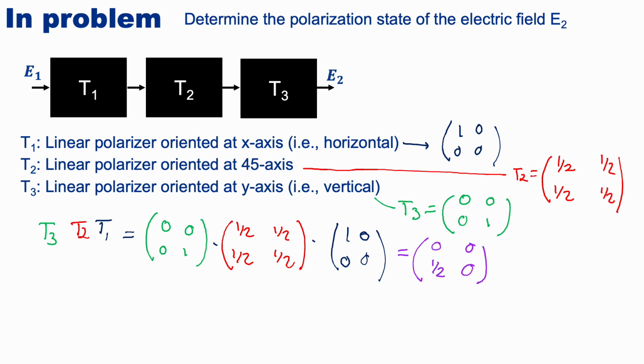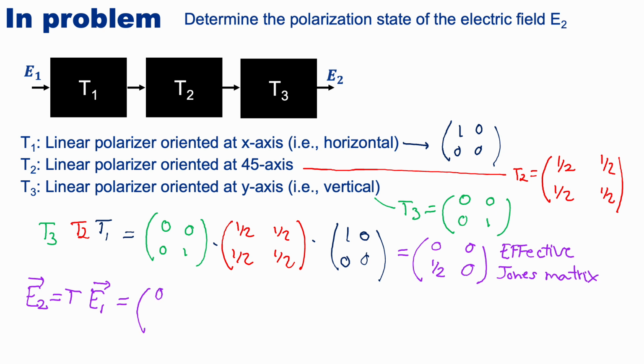So this is the effective Jones matrix. Now our output is going to be our effective Jones matrix multiplied by our input.